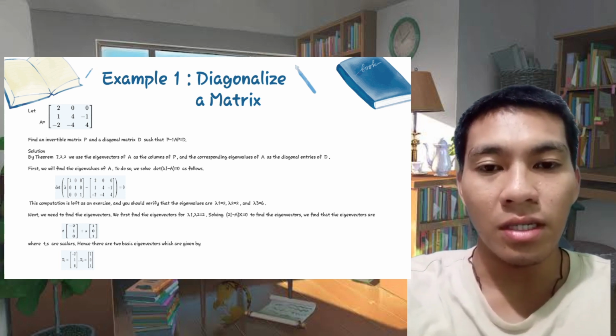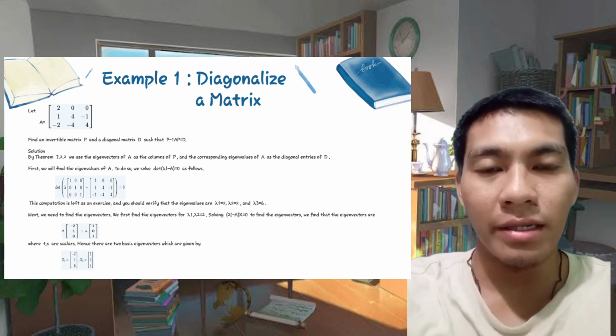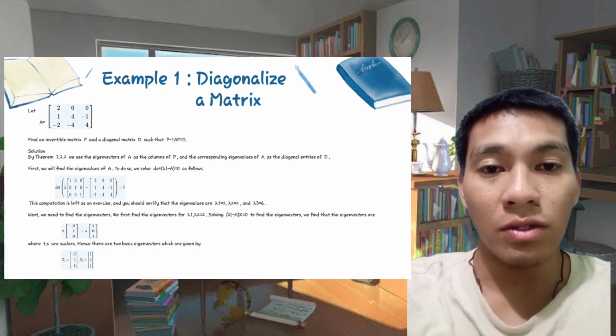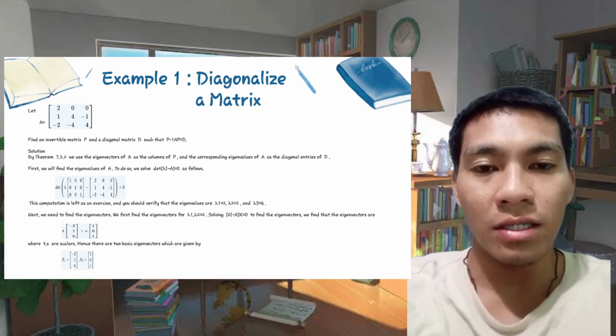This computation is left as an exercise and you should verify that the eigenvalues are λ1 equals 2, λ2 equals 2, and λ3 equals 6.